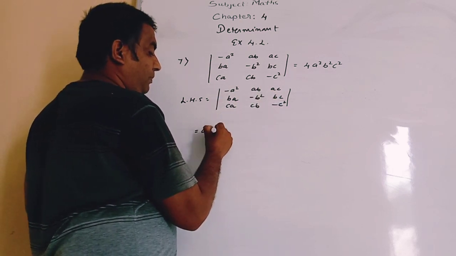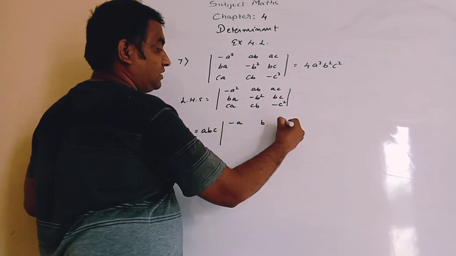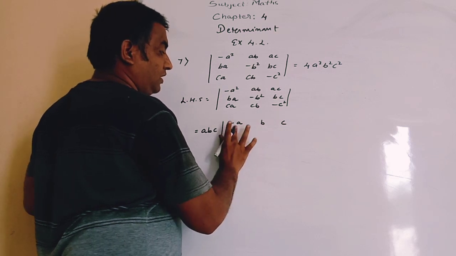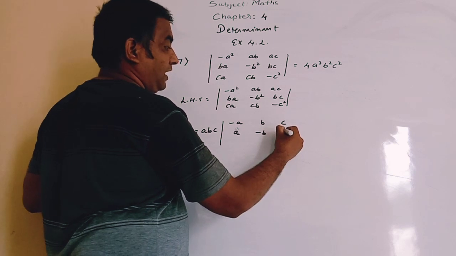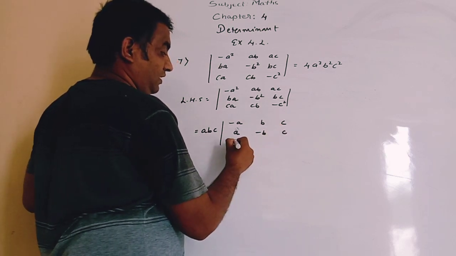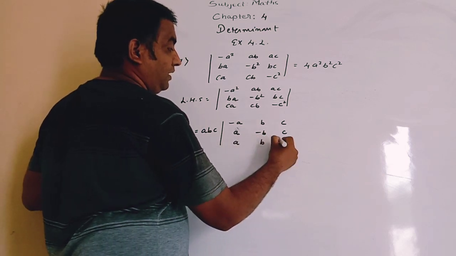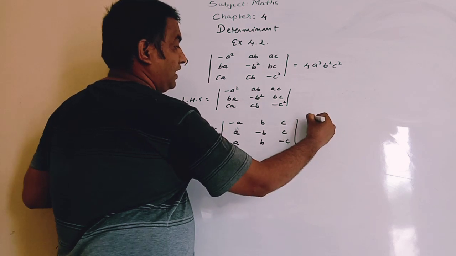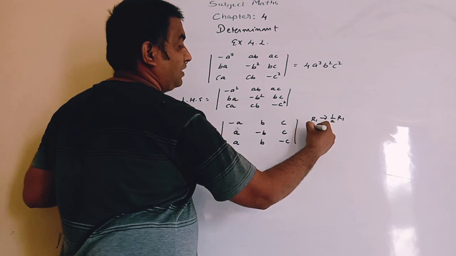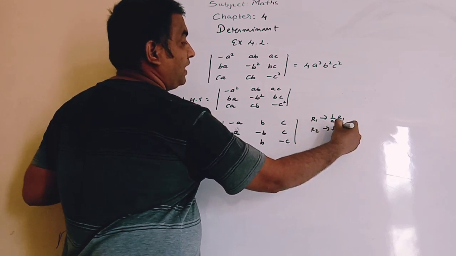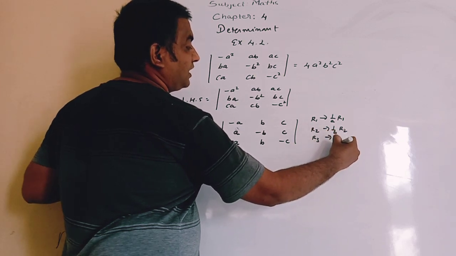And it will be abc times the determinant with rows minus a, b, c; a, minus b, c; a, b, minus c. Here we have to write R1 multiplied by 1 by a R1, R2 by 1 by b R2 and R3 by 1 by c R3.